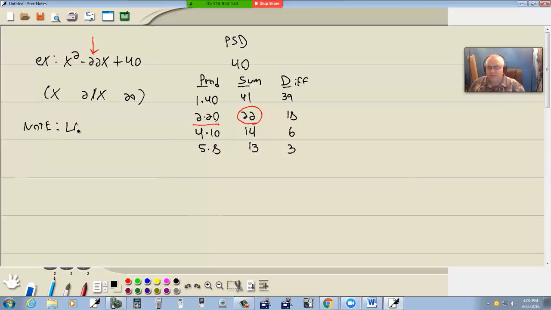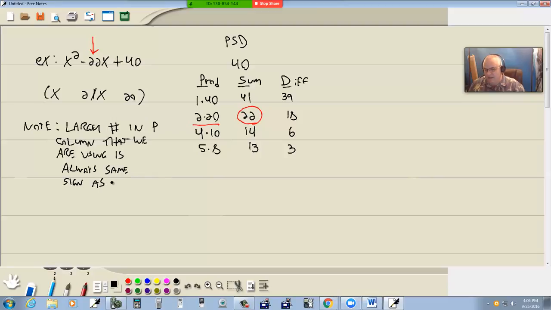The note says the larger number in the P column that we are using is always the same sign as the middle term. Well, we're using 2 and 20, so the larger of those is the 20. It will always be the same sign as the middle term, which in this case is negative.